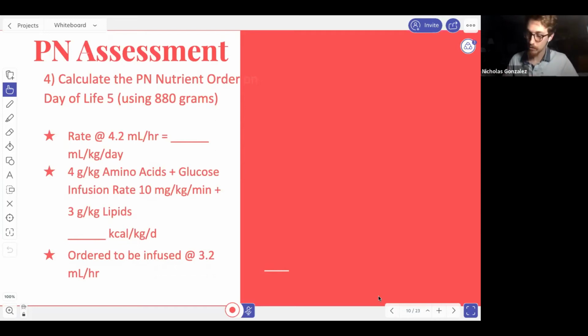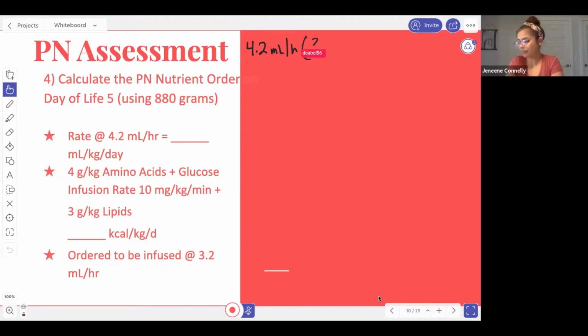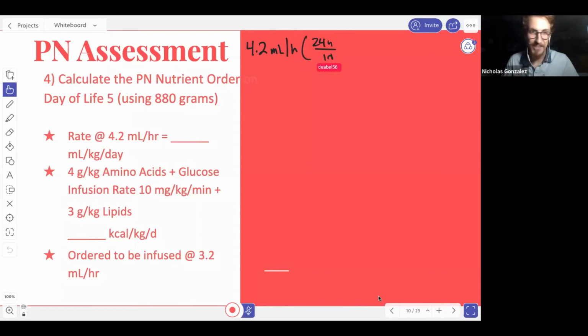So if it's at 4.2 milliliters per hour, we have, of course, 24 hours in a day. So that's going to give us 100.8 milliliters per day, right?